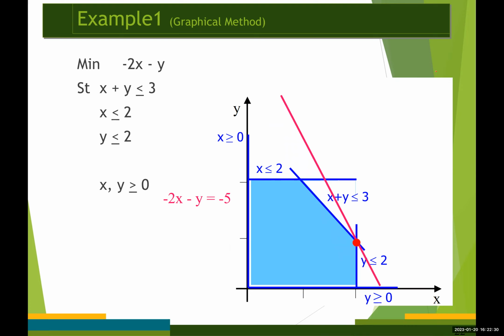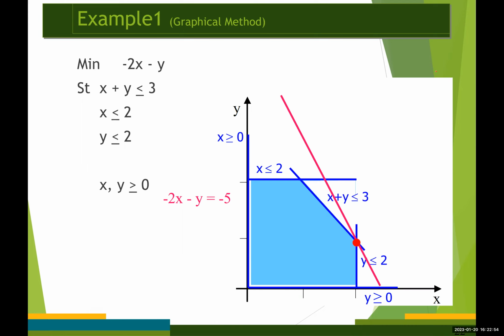If you move further in the northeast direction, then the objective function value becomes -5. Okay, and this is the last isovalue line intersecting the feasible region, right?